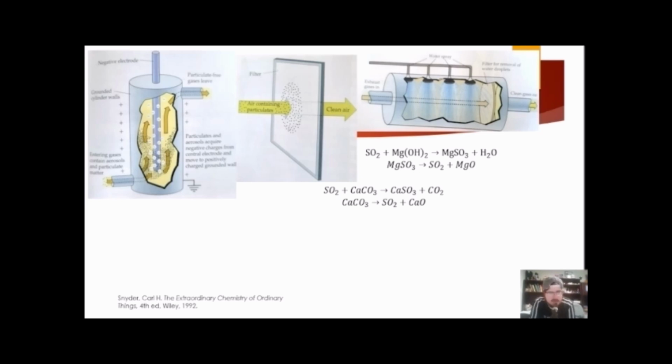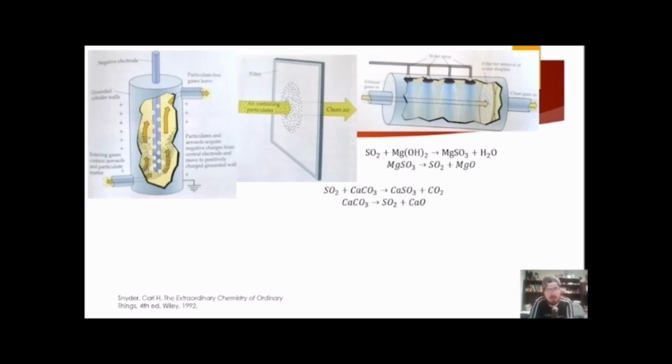Now, with electrostatic precipitation, we remove the particulates, which are particles greater than 10 to the negative third millimeters, and the aerosols, which are particles smaller than 10 to the negative third millimeters. So basically, bigger than a micrometer, smaller than a micrometer, depends on how big the particles are.